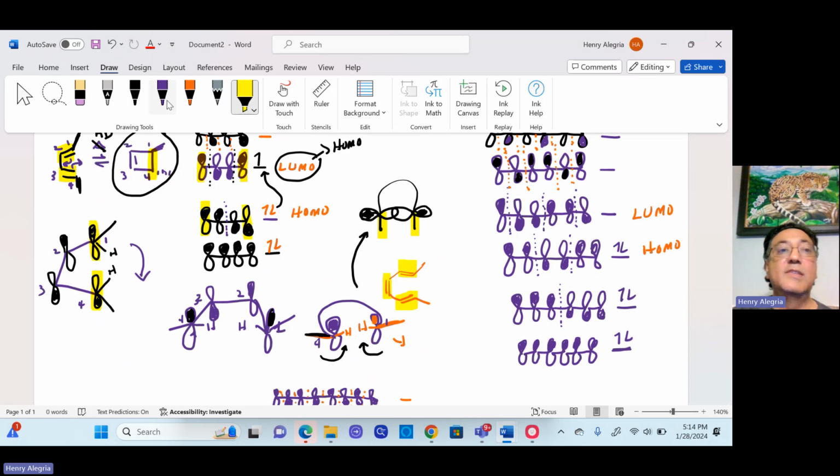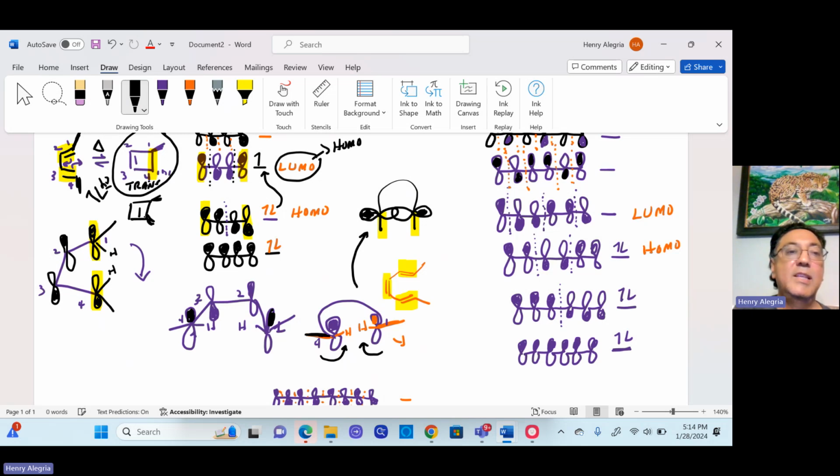So if I do the same reaction, but I do this reaction using light, not heat, I'm going to get these two being cis. When I use heat, I get the trans up here.